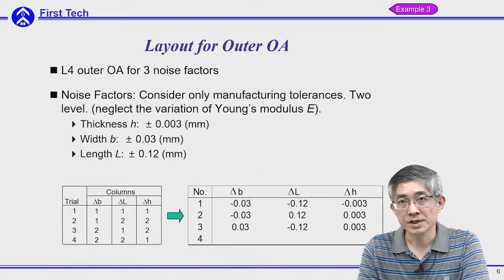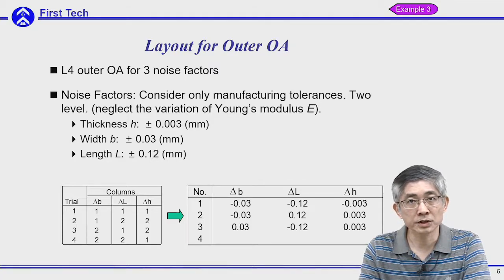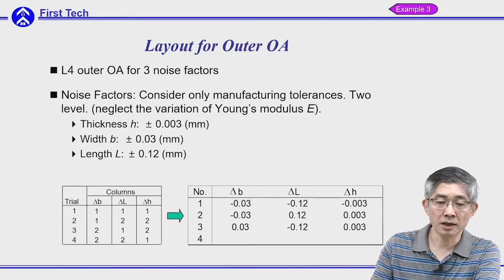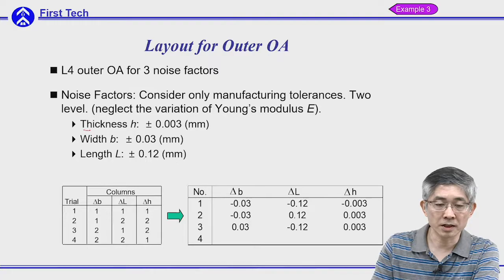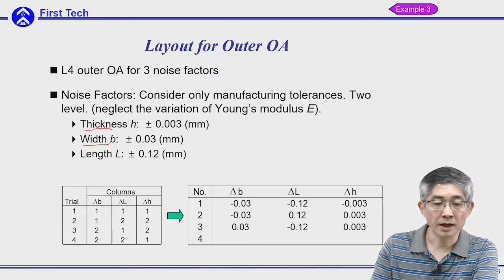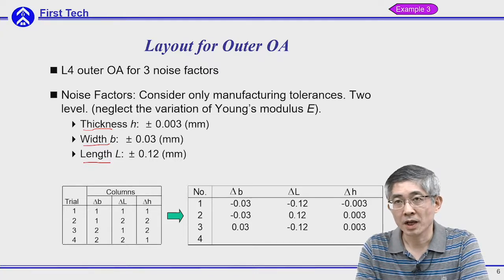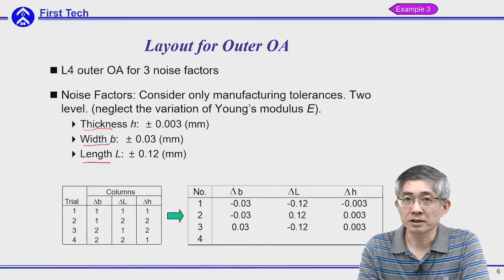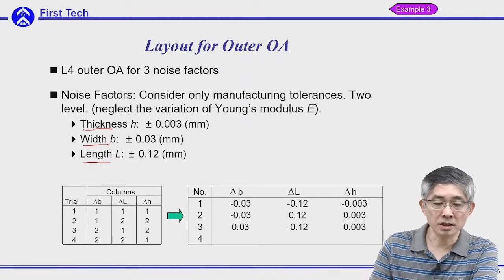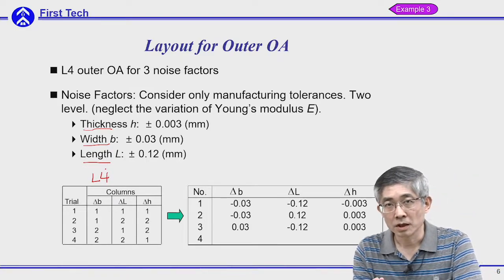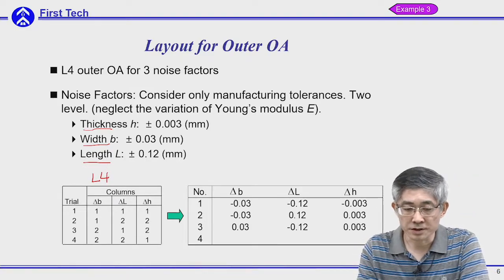As to the noise factors, we are considering only 3 manufacturing noise factors, which are the tolerance for thickness, width, and length. And because we only have 3 noise factors and we assume 2 levels for each noise factor, we need only L4 to assign these 3 2-level noise factors.